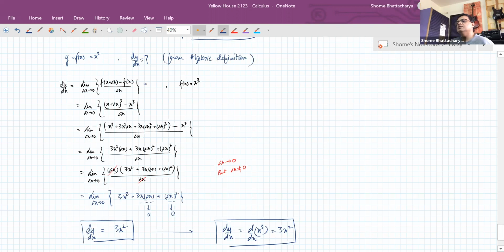Okay, so this is the algebraic definition. So how I'll apply this over here for this particular function, and we'll come to the conclusion that dy by dx, or instantaneous rate of change at any value of x, is equal to 3x square.